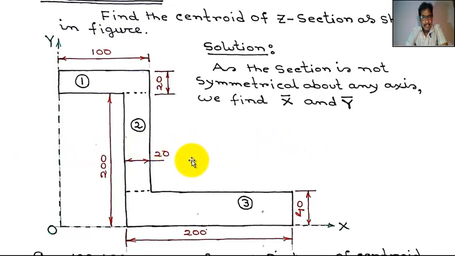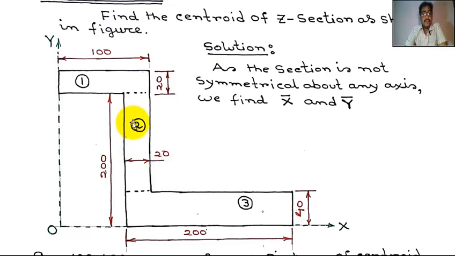So this section is not symmetrical about X axis. So Z section is not symmetrical about any axis.